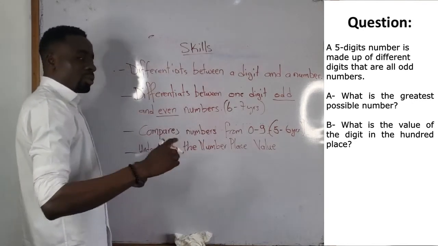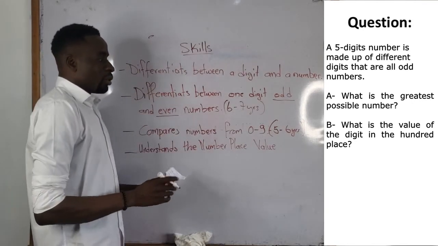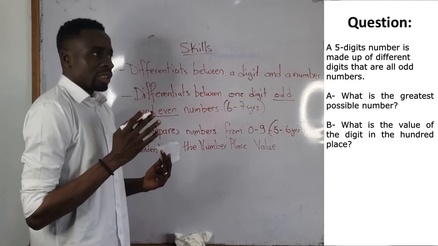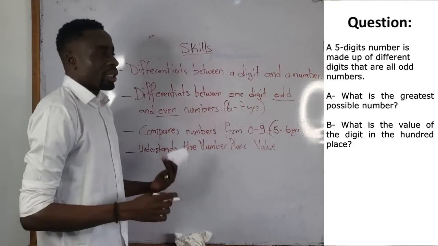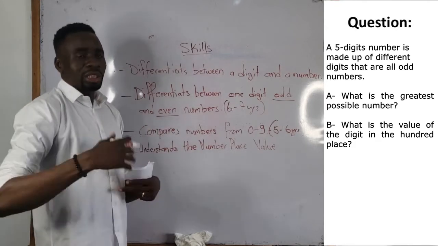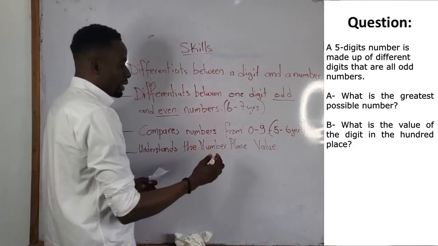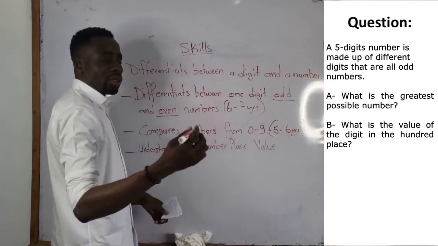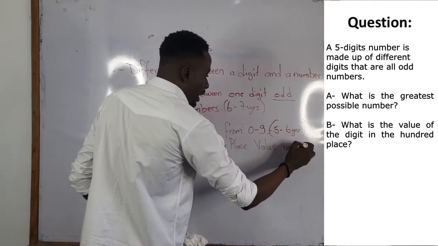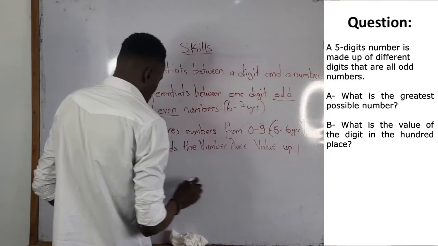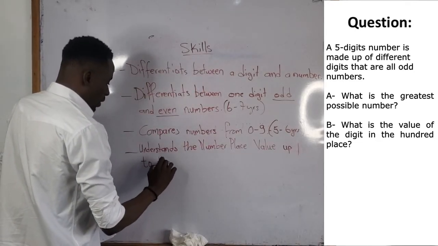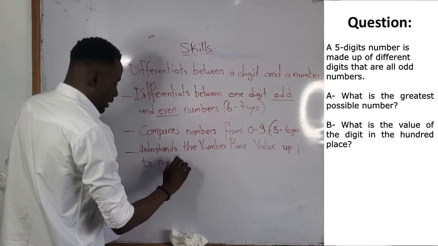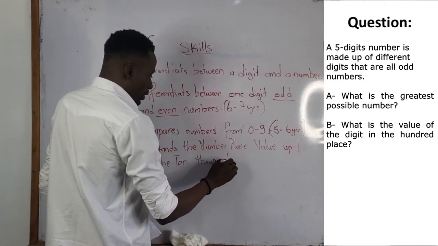But for the number place value here, you always remember, students of 6 years are being taught right up to 100 maybe, and students of 7 right up to 1,000 and so on. So we consider that the number place value here, the student needs to understand it up to the 10,000s.